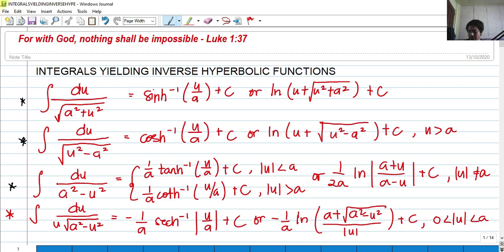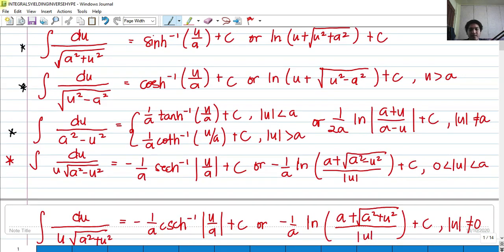So we have negative 1 over a natural logarithm of the a plus square root of a squared minus u squared all over the absolute value of u plus c, where the absolute value of u is between 0 and a.